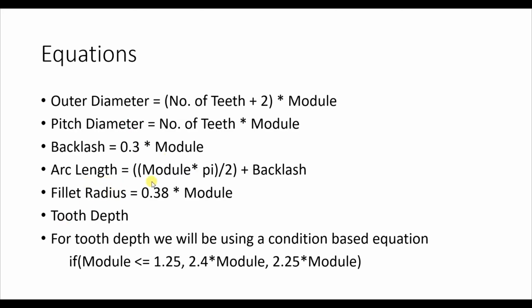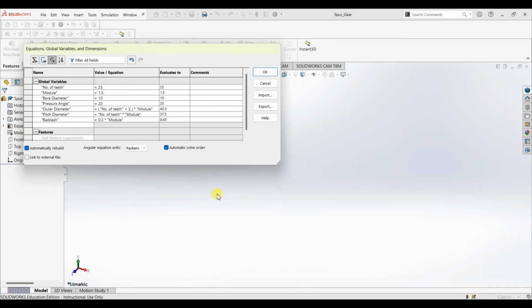Arc length's equation is module times pi divided by 2, plus backlash. So arc length: open parenthesis and then open parenthesis, module times pi, divided by 2, plus backlash.